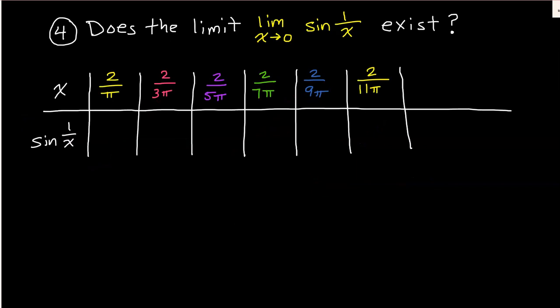So let's use a table of values to help guide us. But first, let's remember that 1 over x just means the reciprocal of x.